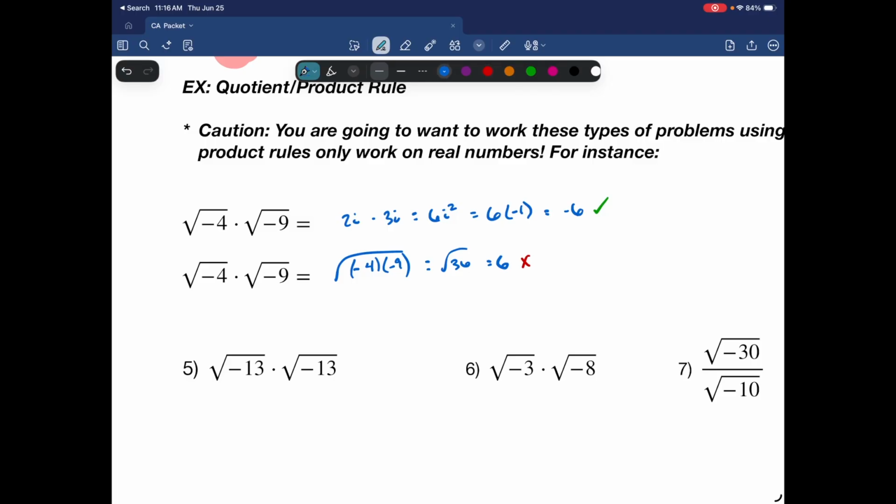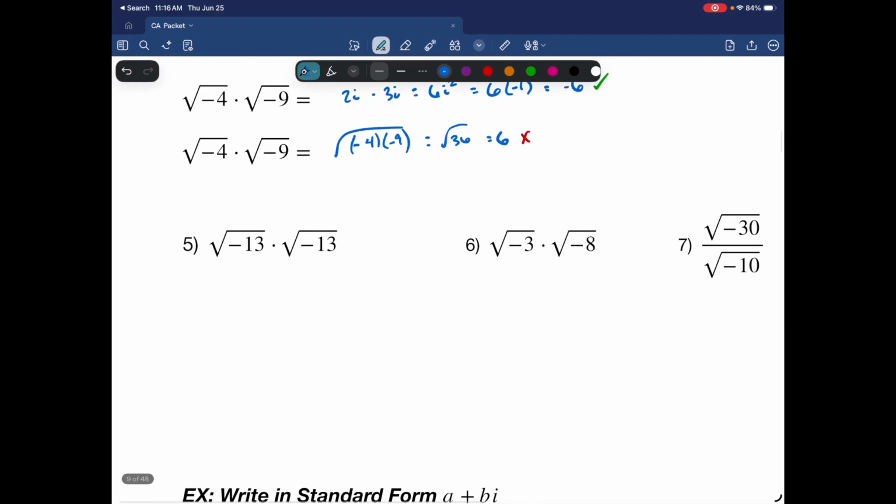So let's keep that in mind as we work ahead. On number 5, this is going to be i square root of 13 times i square root of 13. When I multiply those together, I get i squared times 13. Remember, i squared is negative 1, so my answer is going to be negative 13.